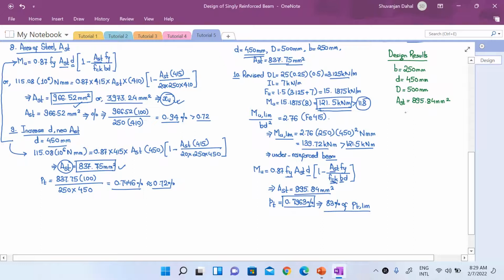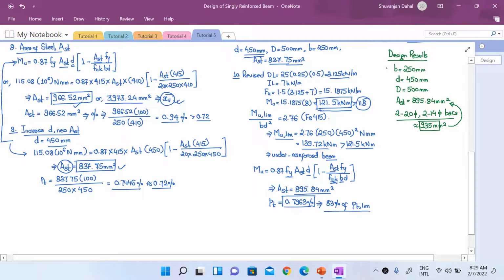So if you use two 20 dia bars and then two 14 dia bars, the area of our reinforcement comes out to be 935 mm square. So this value is greater than our required value of 895 mm square, not very much greater, a little greater. So we can use these two 20 dia bars and two 14 mm dia bars.